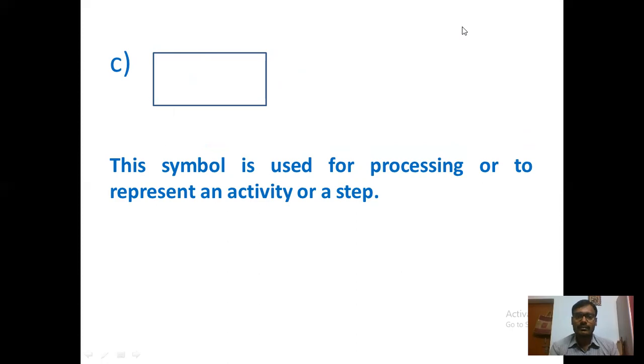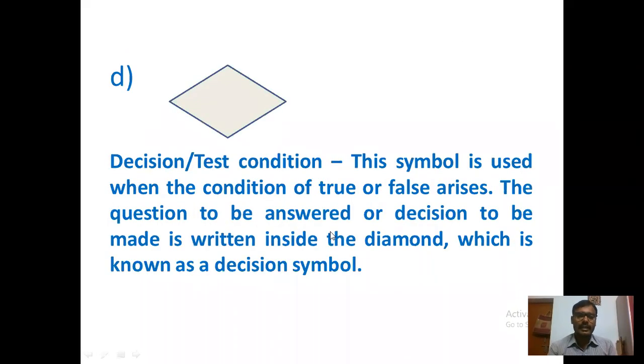Next is the decision or test condition. This symbol is in the form of a diamond. This symbol is used when a true or false condition arises. Suppose you have created a program and you want to check whether a condition is true or false. Then you have to use this symbol.